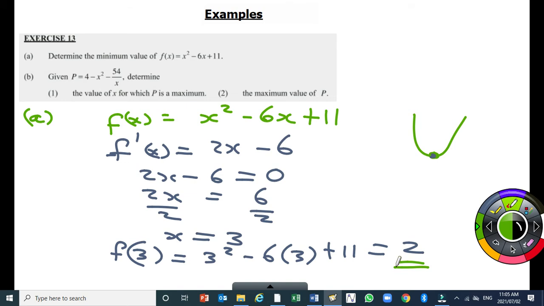The minimum value or maximum value of a function is always a y value at that point. We don't worry about x. We use the x to determine the y. That y is the minimum or maximum.